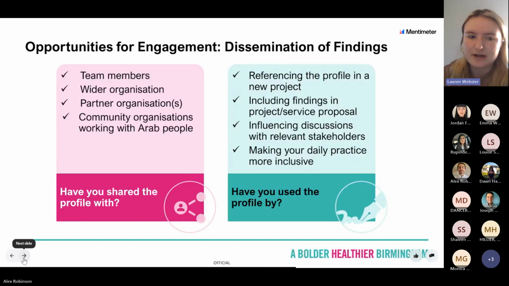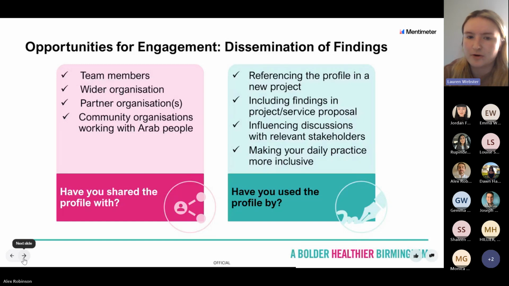So, the opportunities for engagement: to disseminate findings. We encourage the use of the community health profiles as a start point for developing services and interventions. The profiles typically only offer headline data on each section due to the breadth of information covered, and you should use other sources of information, including internal intelligence, to support future projects and interventions.